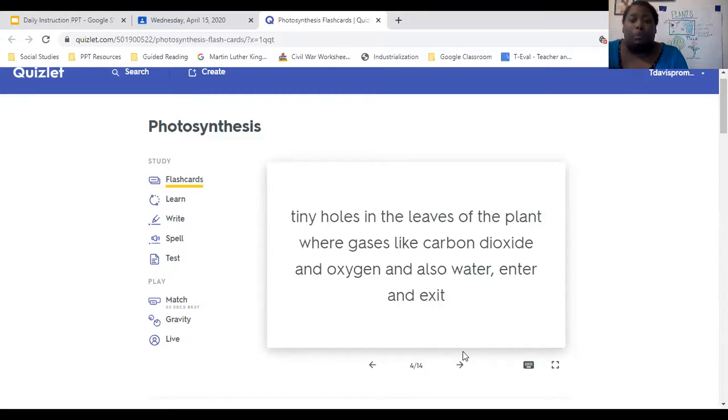A prime example would be in the morning when you're on your way to Promise Academy and you have your uniform shoes on, you're walking on the pavement and maybe your feet accidentally touch the grass. And you look down and your shoe is wet, but it did not rain last night and it did not rain that morning. The shoe is wet because the plant releases water through the stomata, which are the little openings on the surface of the plant.